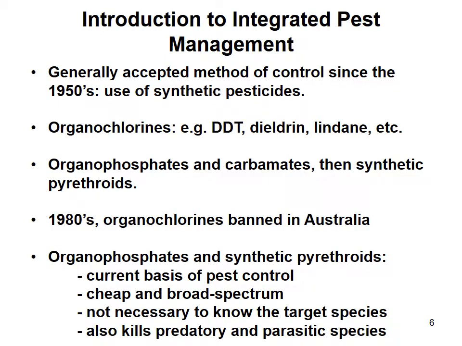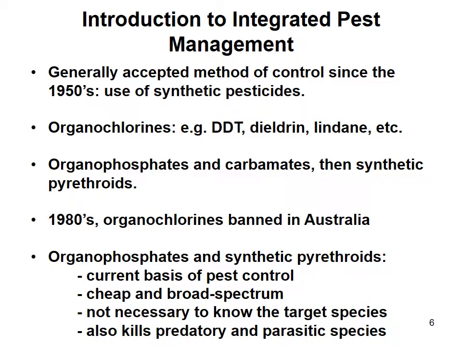The generally accepted method of pest control since the 1950s has been the use of synthetic pesticides, and we tend to rely quite heavily on these chemicals that are synthesised by chemists. The first of these were the organochlorines, including DDT, dieldrin, lindane, heptachlor, and endosulfan.